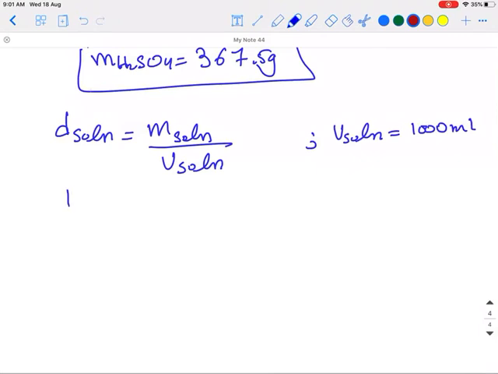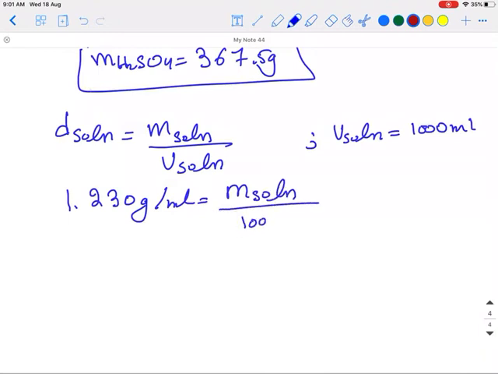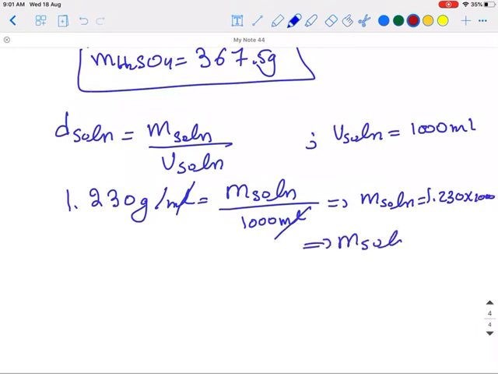The density of the solution is given as 1.230 gram per milliliter. The mass of solution is the one I need to calculate. Cross multiplying, the mass of solution is 1.230 multiplied by 1000, so the mass of solution will be 1230 gram.